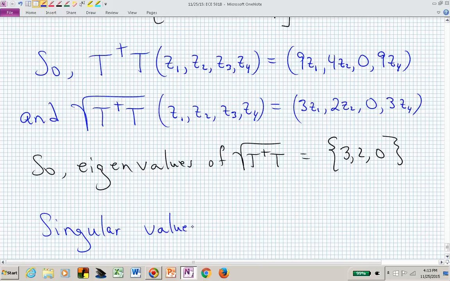We said that the singular values of our original map will actually equal the eigenvalues of the square root of T dagger T with the appropriate multiplicities. In this case, we have singular values at 3, 3, 2, and 0.